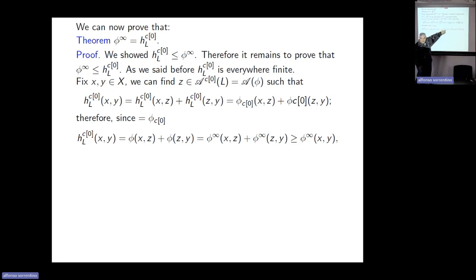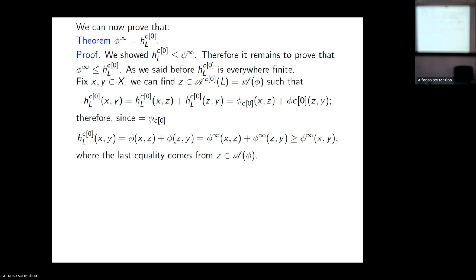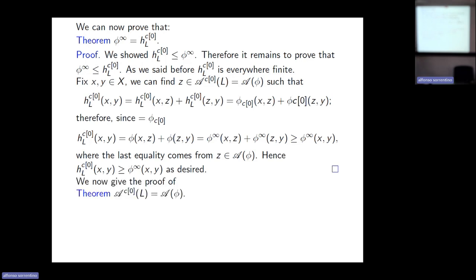So this is phi infinity of xz because z is in the Aubry set, plus phi infinity of zy, which by the triangular inequality is larger than phi infinity of xy, which is what we wanted to show. Okay? So we showed, once we prove the equality of the Aubry sets, we get the equality of the notions of solution and also the equality of the Peierls barrier.